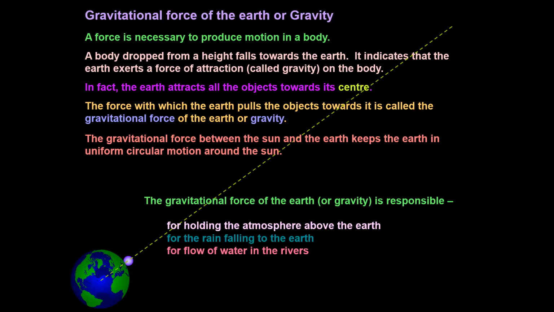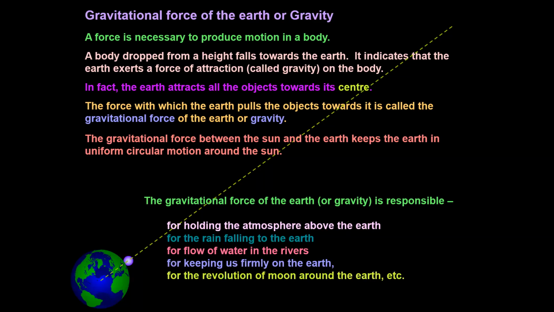Third, the flow of water in the rivers. Because of gravity, we are kept firmly on the earth. Am I right? ठीक है ना? The revolution of the moon around the earth, etc. Because of gravity only, the moon is revolving.